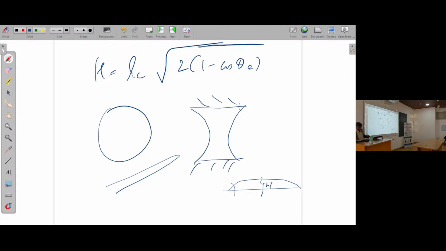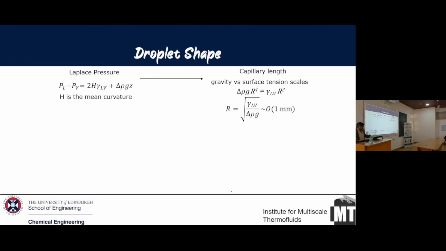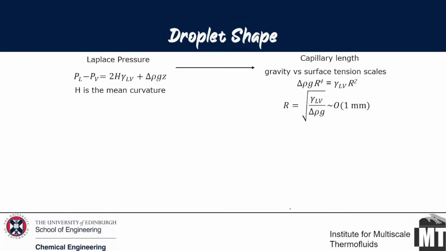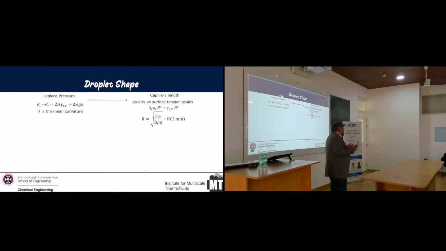So we have the capillary pressure and we have the capillary length. These are two important things. Capillary length is a very useful parameter. One interpretation is that it tells you the maximum size of a droplet for it to start being affected by gravity.